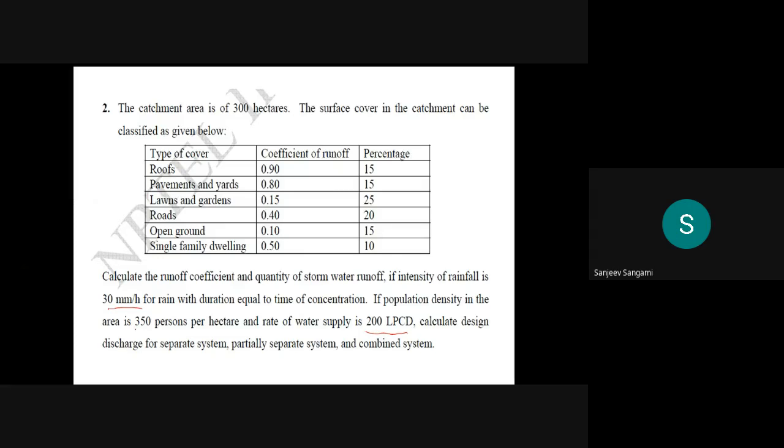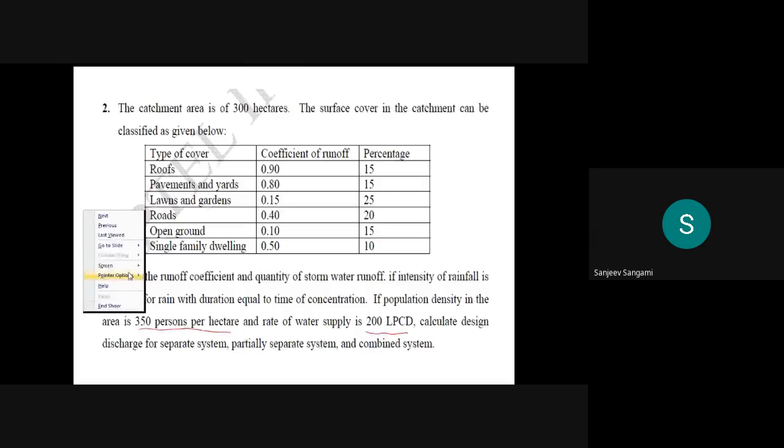And here also he has changed it. Here he has given 350 persons per hectare, but there he has given 350 persons per meter square. Then you should be able to convert between hectares and meter squares. We already know how to convert from hectare to meter square, that is multiplied by 100 into 100. So he will do this kind of thing, but the same problem will be there. What we saw is very important from the examination point of view.